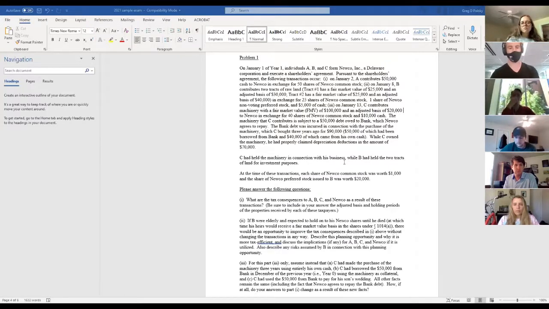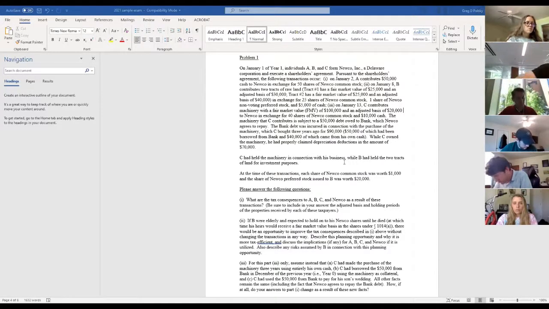And that basis in the stock would be the basis you get under 358. So you start with your 358(a) basis in the stock, you start with your 362(a) basis in the property the corporation receives, and then without any election, you reduce the corporation's basis in the property. With an election, you reduce the shareholder's basis in the stock. Any other questions on this?